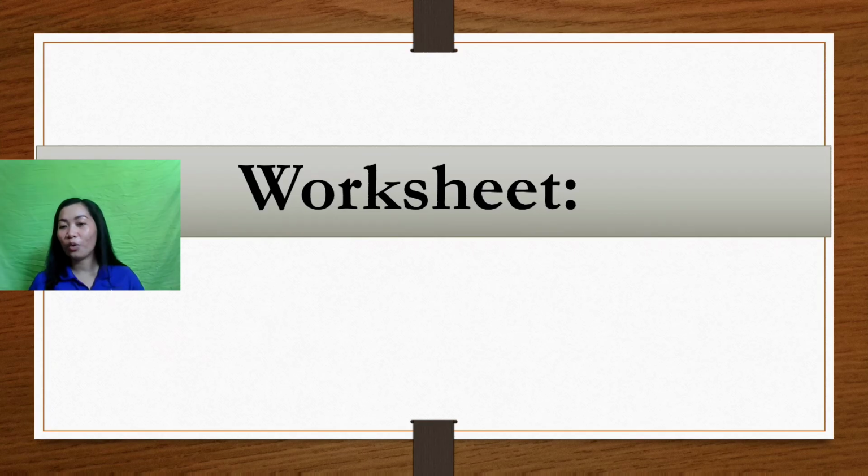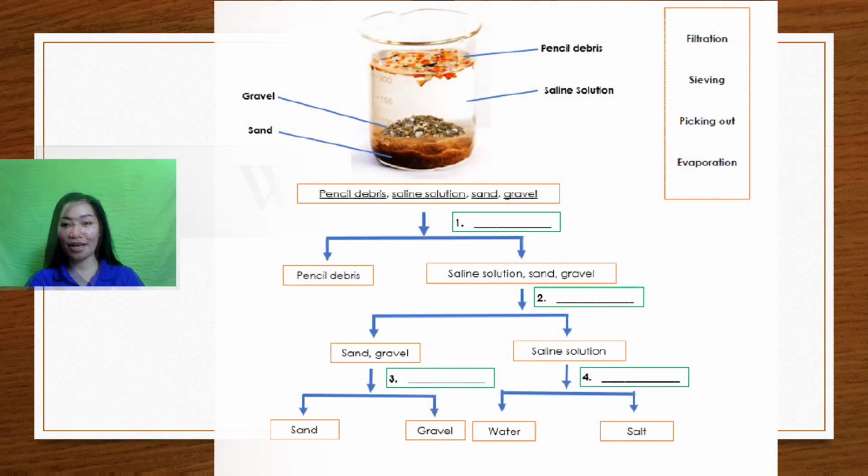And for your worksheet, I want you to prepare your notebook and your pen, and we will answer your worksheet together. So this would be your worksheet for today. This is our mixture. We have the pencil debris from when you sharpen your pencil. We have also the saline solution, the water plus the salt.